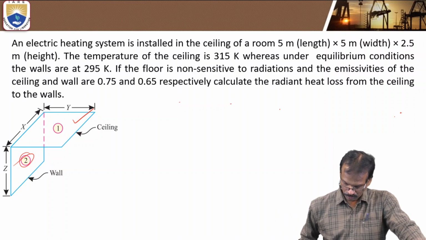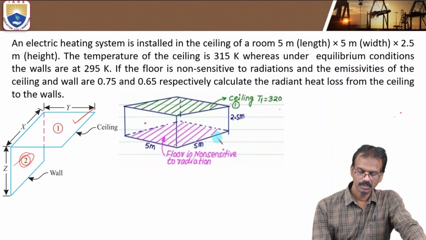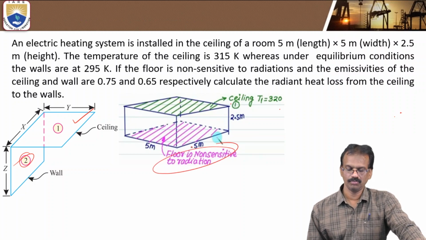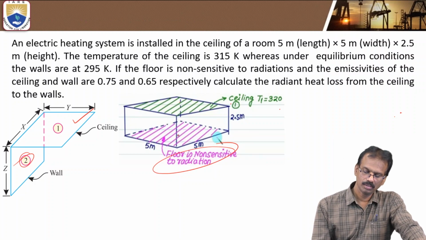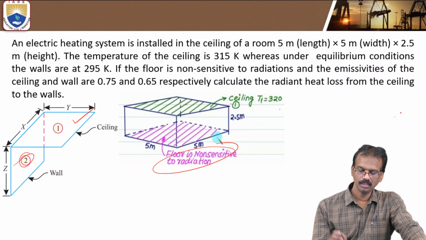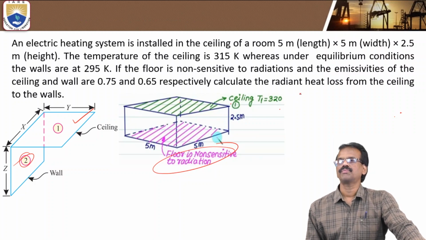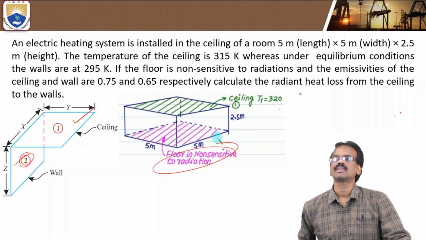Here the floor is non-sensitive to radiation, so there is no need to consider the floor. All the room walls are considered as one surface and the ceiling as one surface. Surface 1 means the ceiling, surface 2 the wall surfaces.